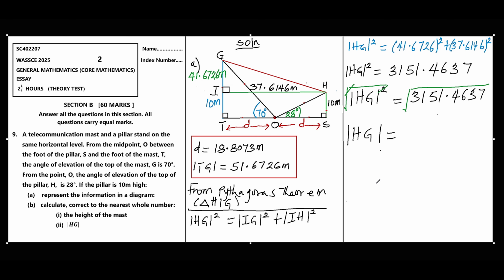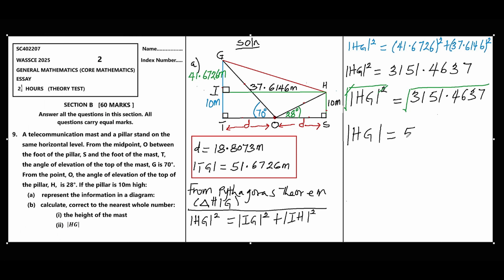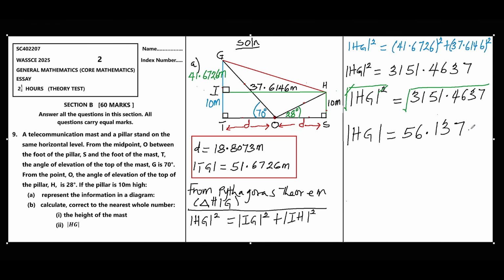So the square root and the square will cancel out, leaving HG. On the left, square root of 3151.4637 gives 56.1379.